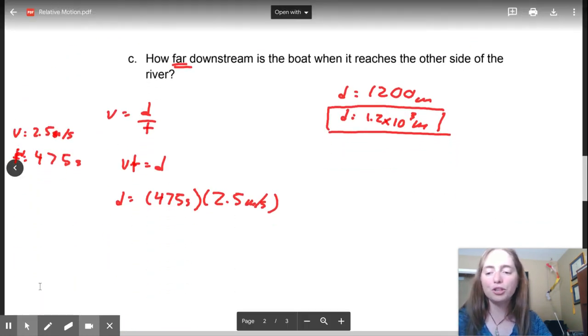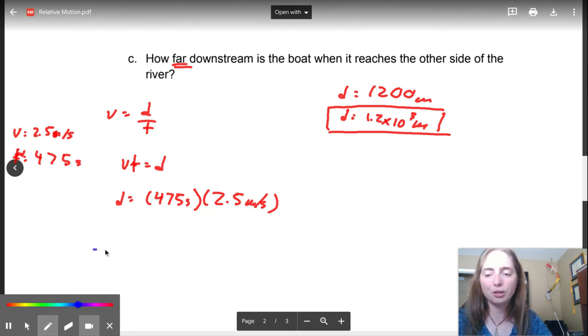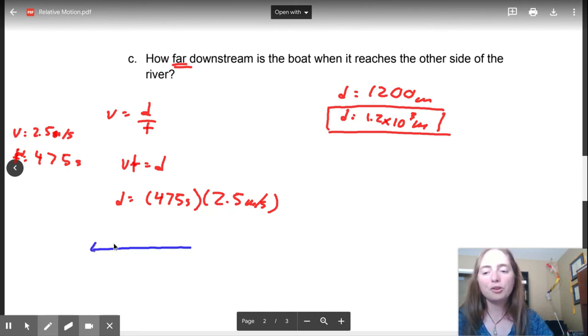So if you want to use the trig method, you're going to use the blue ink. So my triangle is going to be the 2,395 meters. Okay. You have been asked to calculate this distance here. Okay. So this is our triangle.